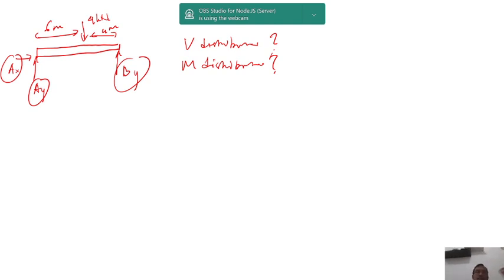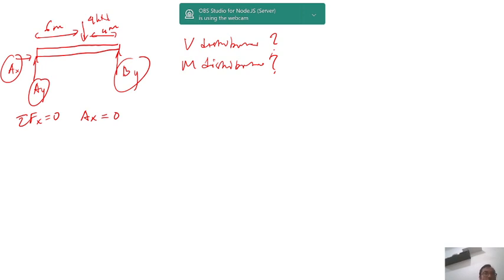Okay, after you solve for AX, AY, and BY using sigma Fx equal to 0 for this free body diagram, sigma Fy equal to 0, and sigma moment equal to 0, using these three equations, we will be able to get the values of Ax, Ay, and By. Using sigma Fx equal to 0, what you will get is Ax is equal to 0.